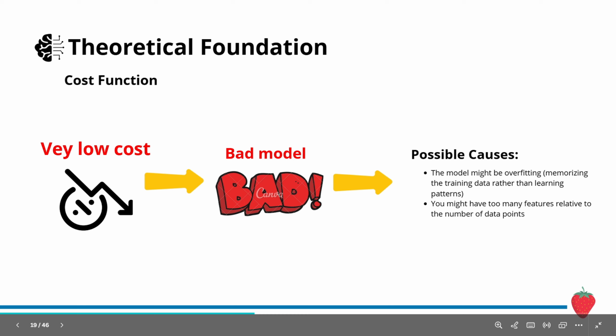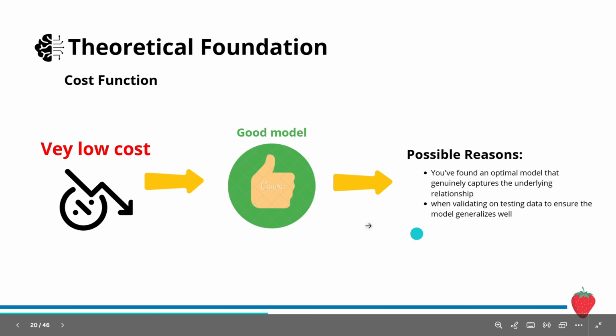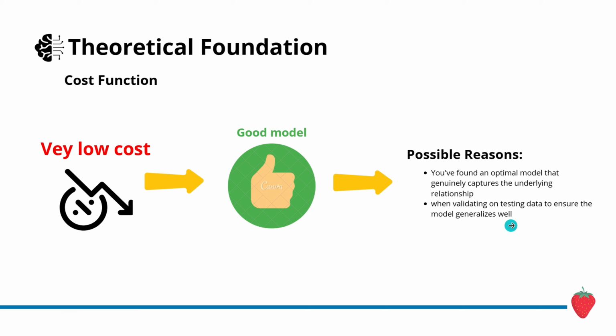So it's really good on the training data, but it doesn't generalize well. And it may be because we have many features relative to the number of data points. And it is a good model when we test it on the test data and it works and actually captures the relationship between the features that we've chosen.